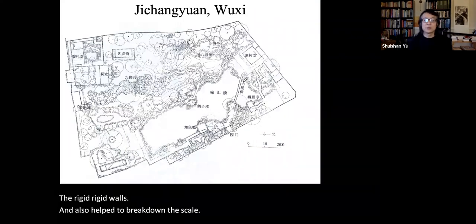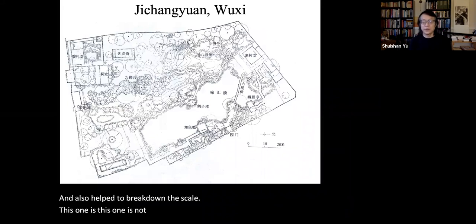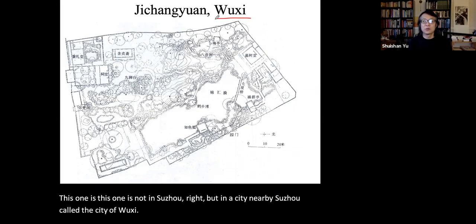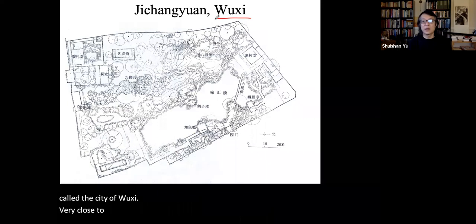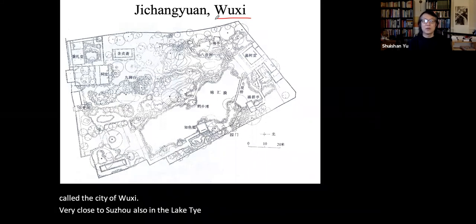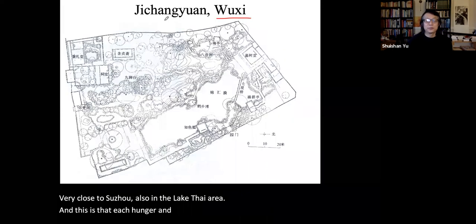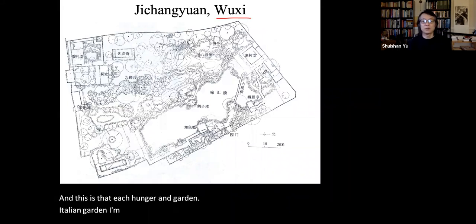This one is not in Suzhou, right? But in a city nearby Suzhou, called the city of Wuxi, very close to Suzhou, also in the Lake Tai area. And this is the Jichang Garden. I'm just showing you the garden part.